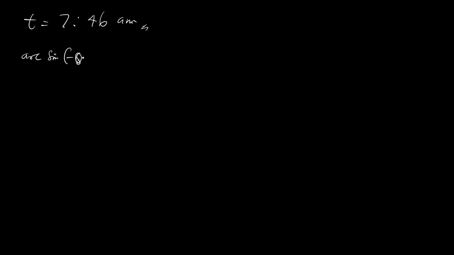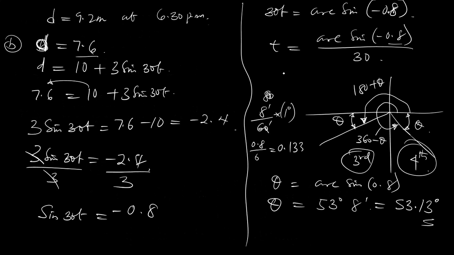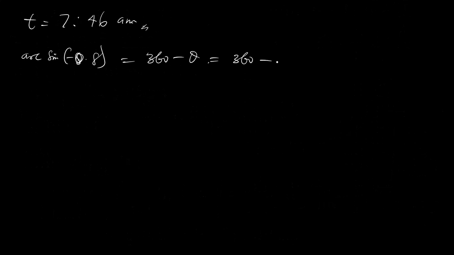In the fourth quadrant, arc sine minus 0.8 will be 360 minus theta, which is 360 minus 53.13.